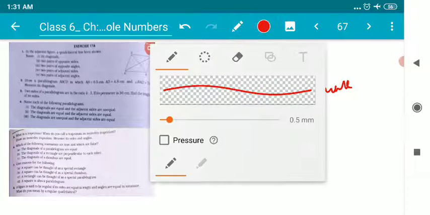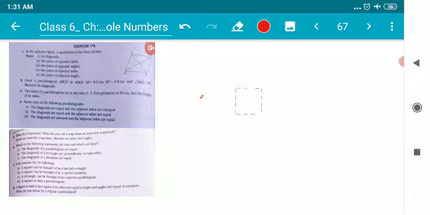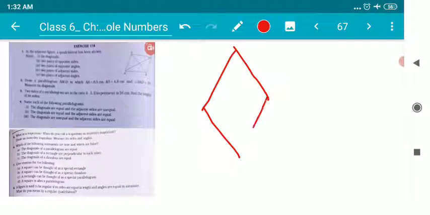Okay, let us understand the third one. The diagonals are unequal and the adjacent sides are equal. Children, diagonals should be of different length, but the adjacent sides should be of equal measure. So if I draw a rhombus, it's a shape in which all four sides are of equal measure, their adjacent sides are of equal measure.